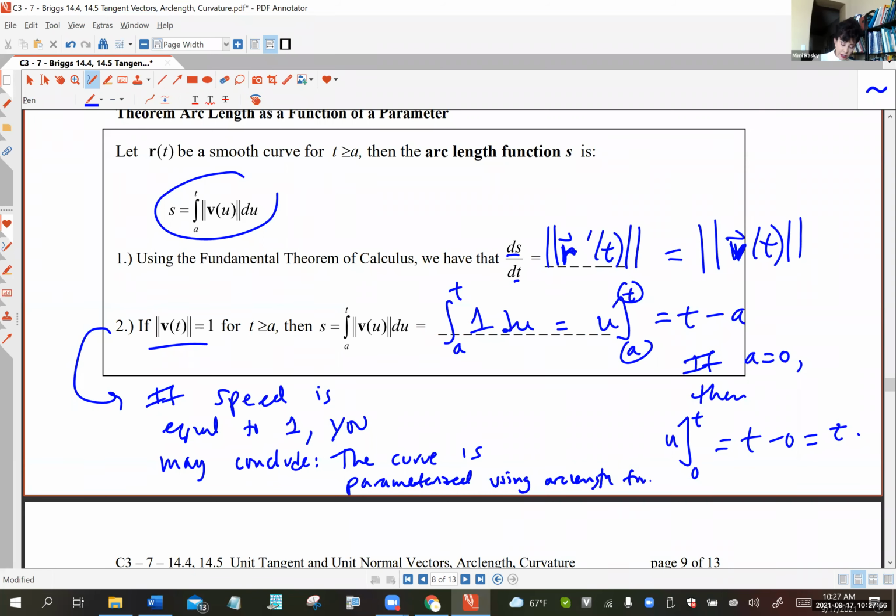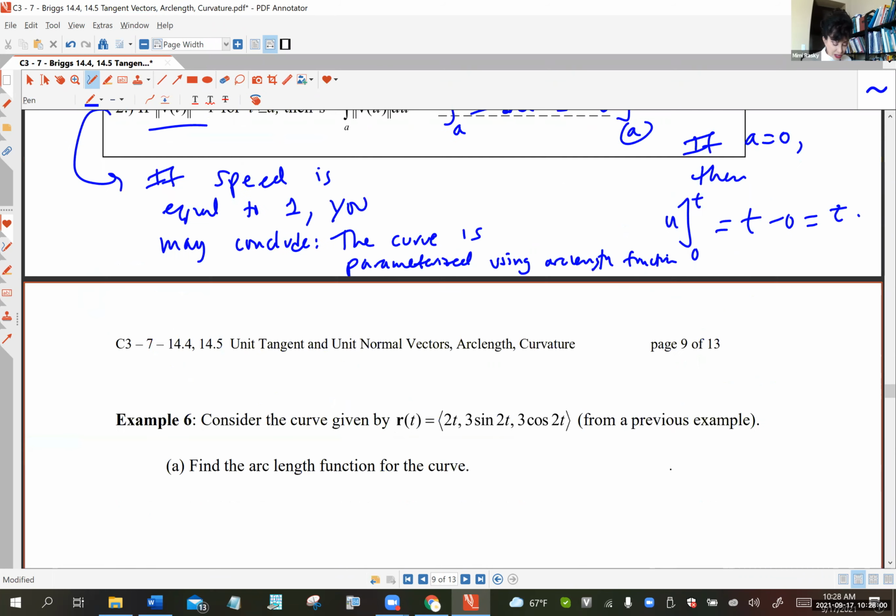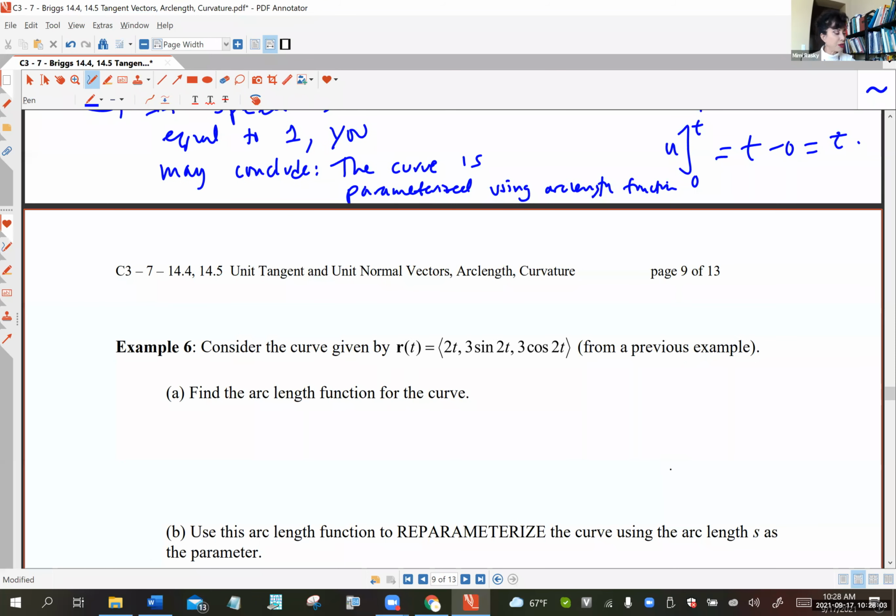That's a guarantee. You get that for free if your speed is 1. Okay, let's just do an example or two of this arc length function stuff, and then we'll talk about curvature.